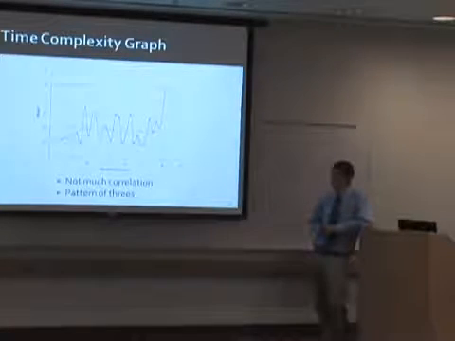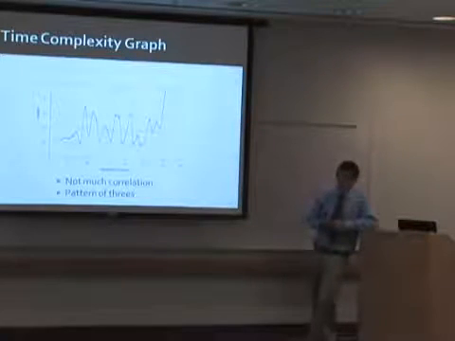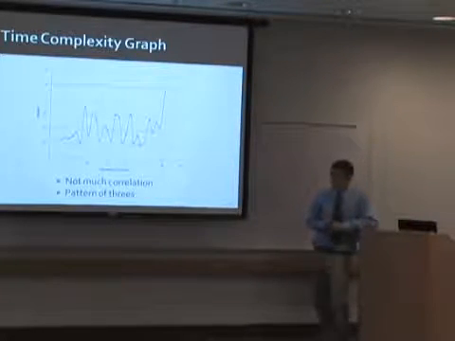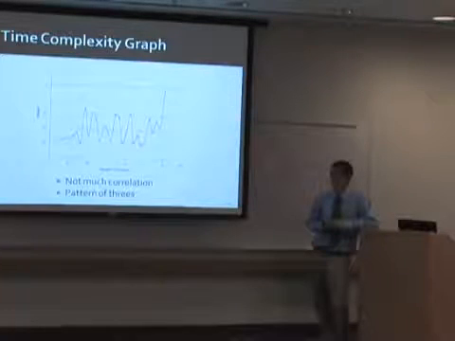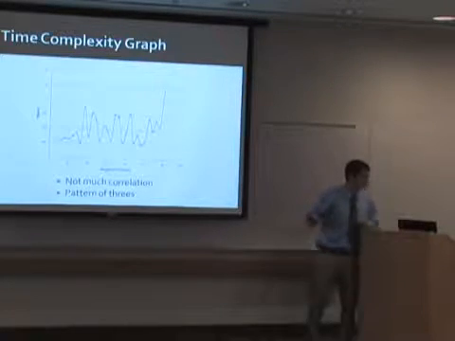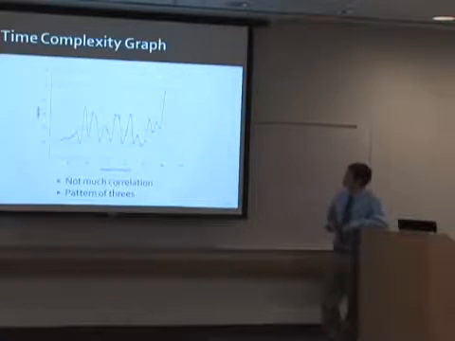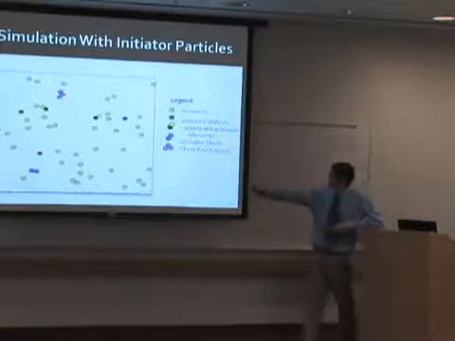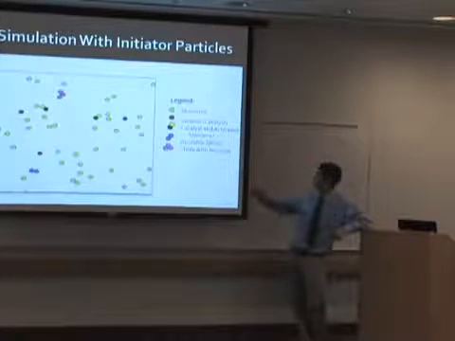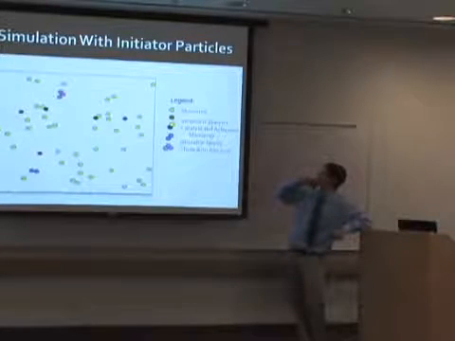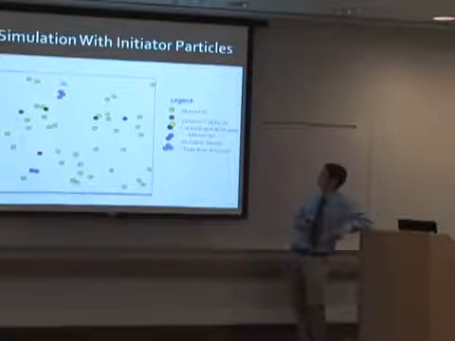Maybe one last question? Okay, 2. Did you try using 100 or 1,000 particles? Yes, actually in my simulation, this is for demonstration. This has 50 particles and then 5 catalysts.